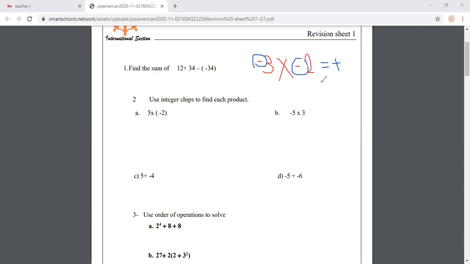And we have another way, which is zero pairs, but it will be a long way. In this case, we can just calculate negative times negative, and it will be equal to positive. And I'm going to make two groups. And in each group, how many do we have to put inside, lovely students?